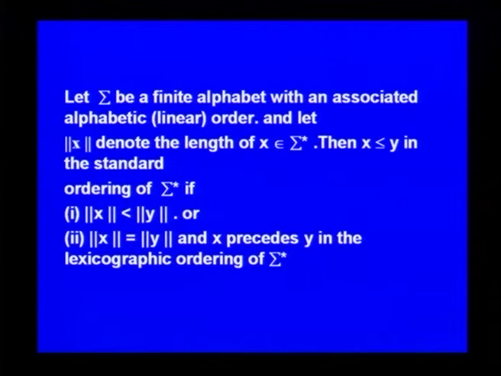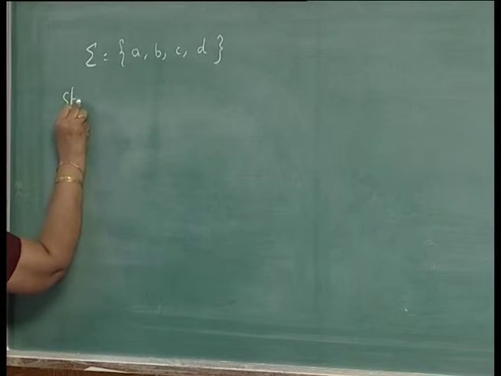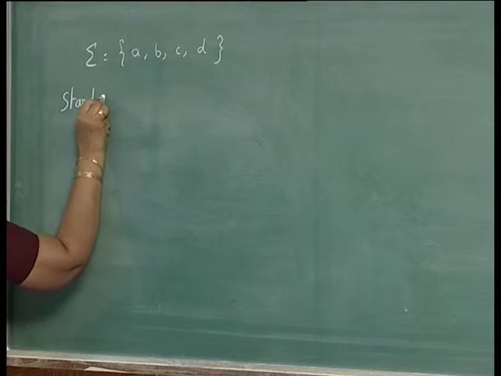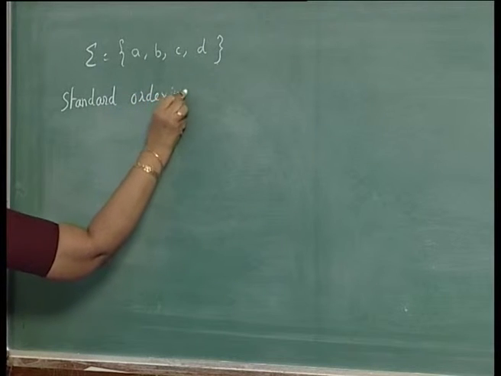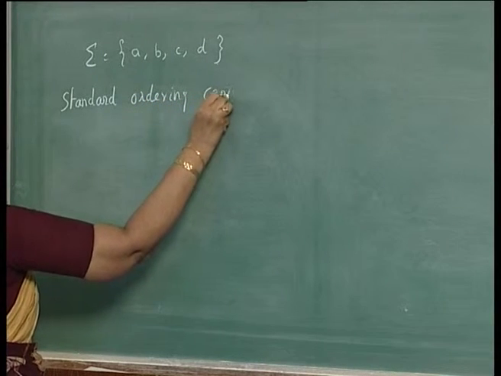Then x is less than or equal to y in the standard ordering of sigma star if the length of x is less than the length of y, or if the length of x is equal to the length of y and x precedes y in the lexicographic ordering of sigma star. In some books they call it canonical ordering.